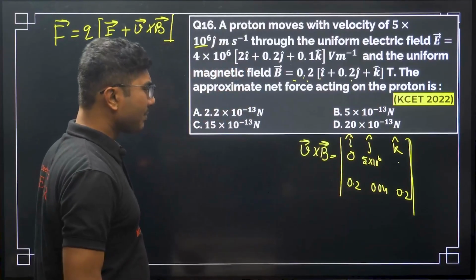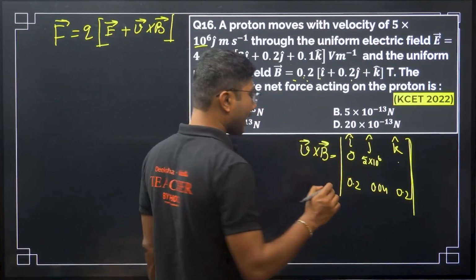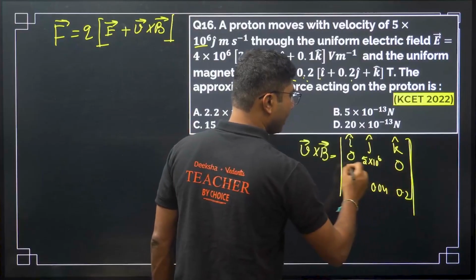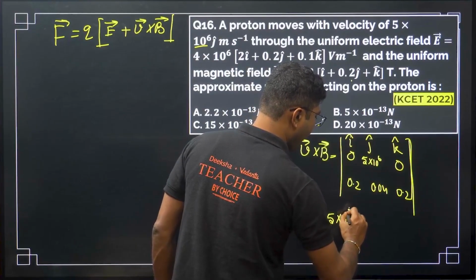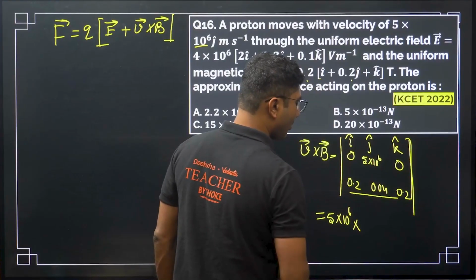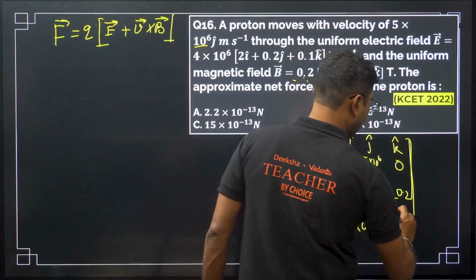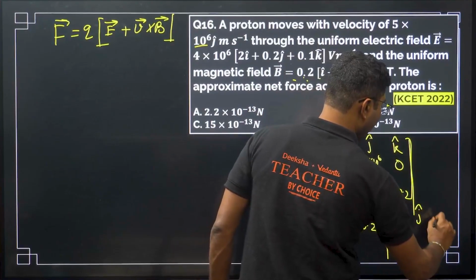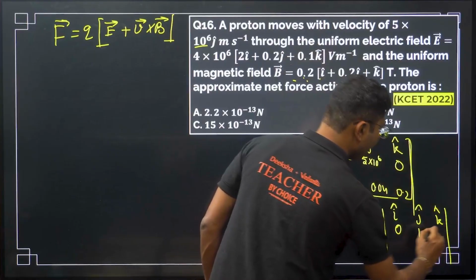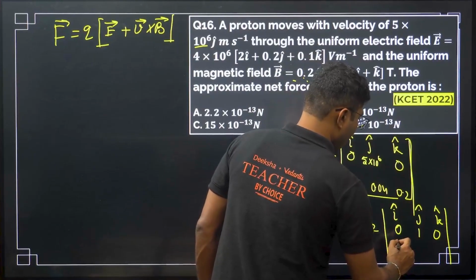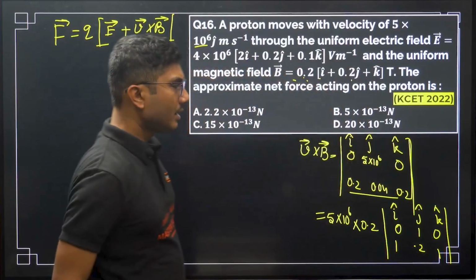Now for simplicity, we will simply apply the determinant formula. You can take this number as common, and also whatever is common here, that is 0.2. So we get i cap, j cap, k cap, and we can write 0, 1, 0, 1, 2, 1.